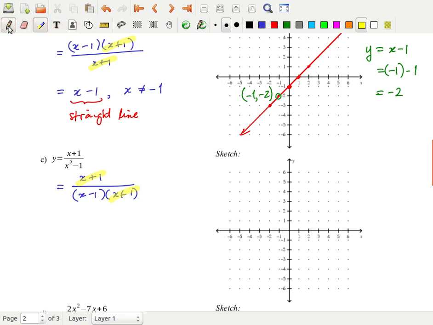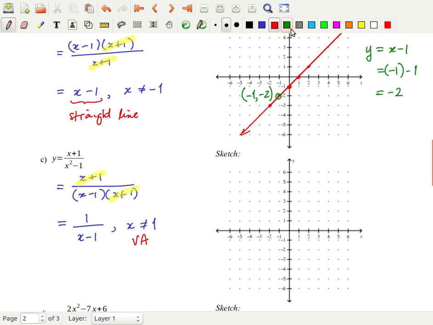My final form ends up being 1 over x minus 1. In this case, the factor x minus 1 is still visible in the denominator, and that means that x is not allowed to be equal to 1. That is a vertical asymptote.